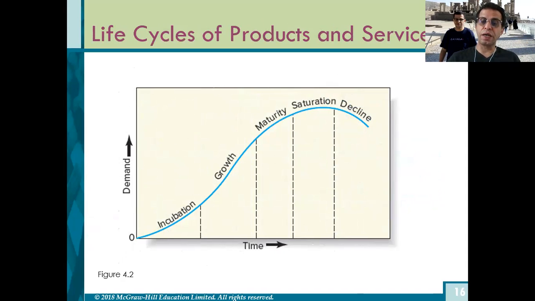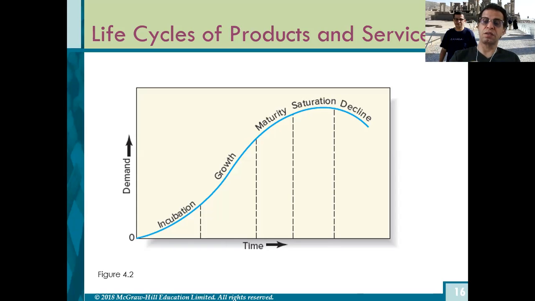But when we are looking at the life cycle of products and services, you've learned in marketing there are early adopters or early users, and late adopters. And this will cause some kind of change in demand over time, up to reaching maturity and saturation and starting to decline.